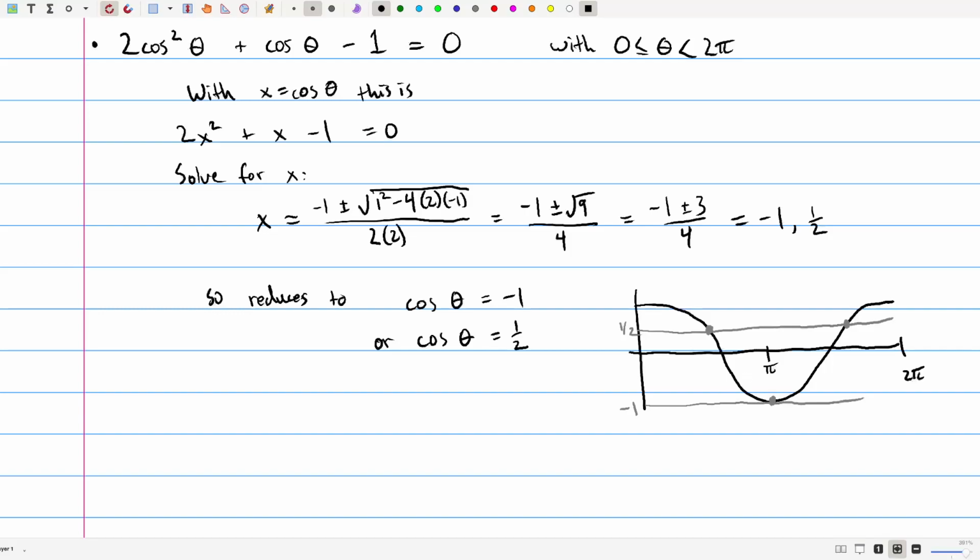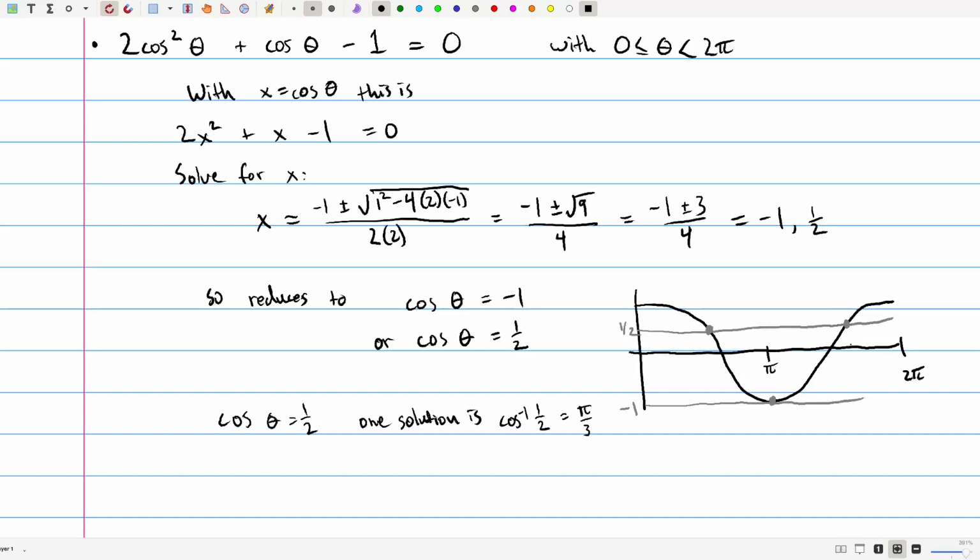So the first one here is cosine inverse of 1/2. So when is the x coordinate equal to 1/2 for a particular angle? Pi over 3 works for that. That's pi over 3.